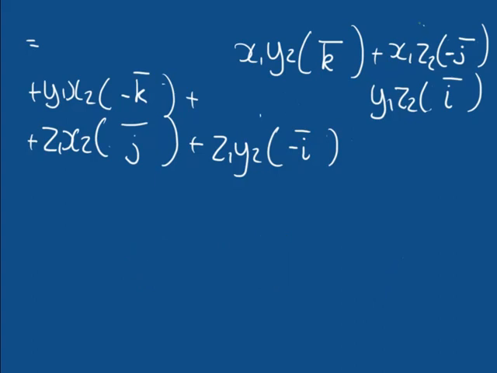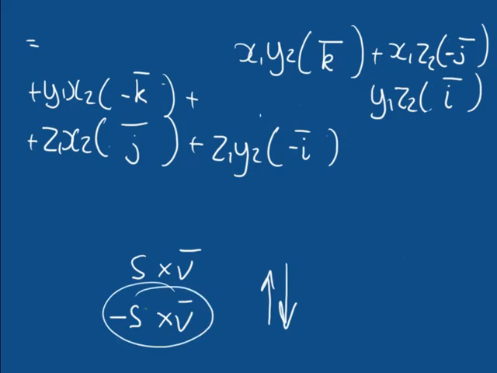At the same time, if I have a scalar value and I'm multiplying it by a vector, so if I have s times v, and I was to negate that scalar value, I know that that's going to have the same effect as flipping our vector. It's going to make the vector travel in the opposite direction. So s times v, whatever direction that travels in, minus s times v is going to travel in the opposite direction.